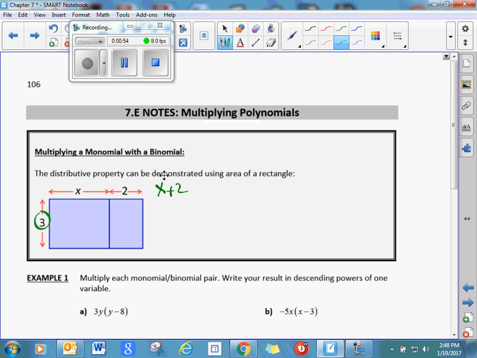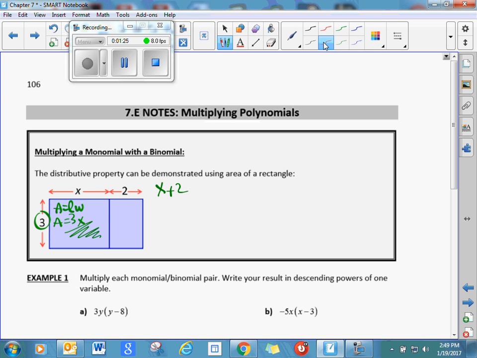So if you look at the area of these individual rectangles broken up by themselves, remember area is length times width. So if we're just looking at this one that I have highlighted in green, the area is equal to, if we think of the length as x and the width is 3, and we write our coefficient first, the area of just this green rectangle is 3x.